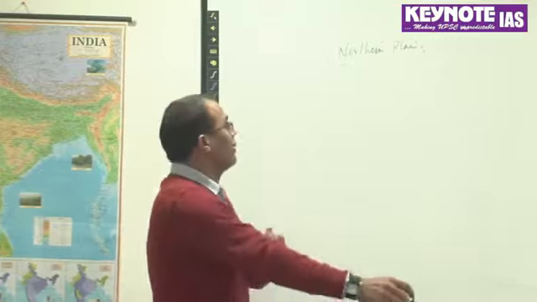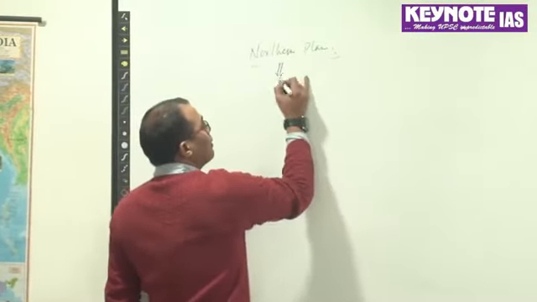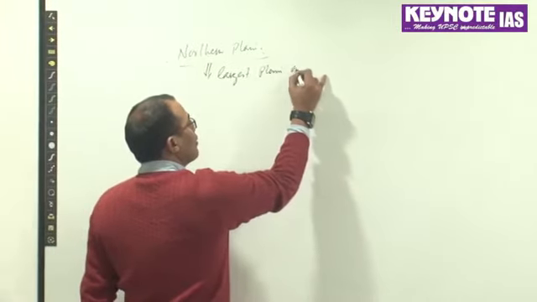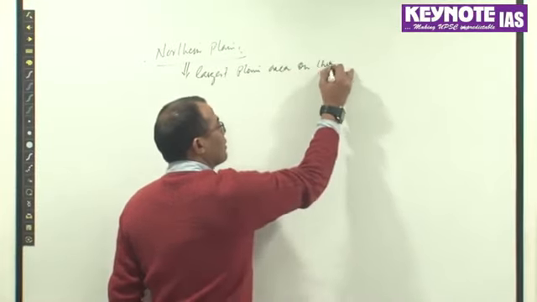ठीक है? Northern plain. The largest plain area on the surface of the earth.